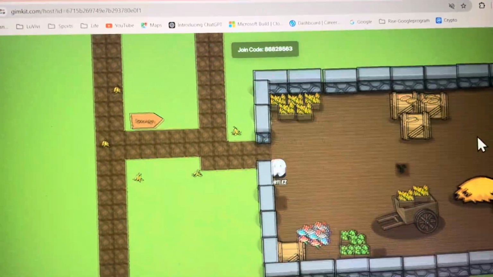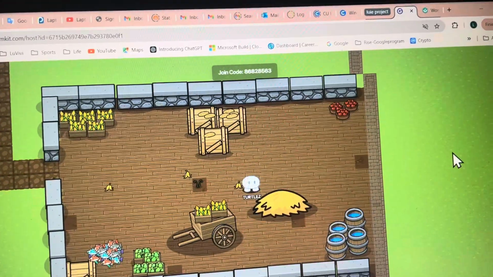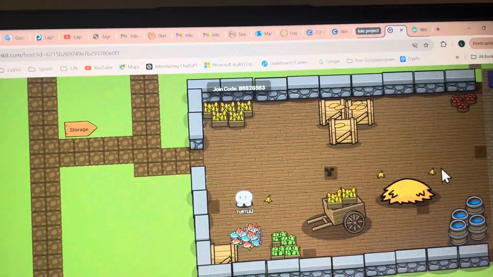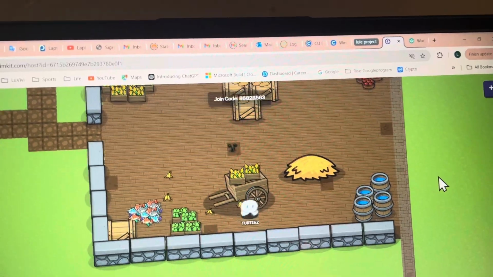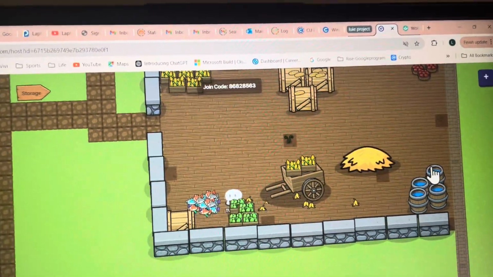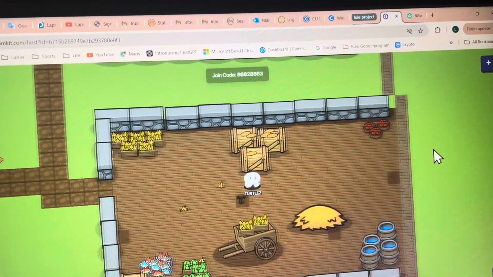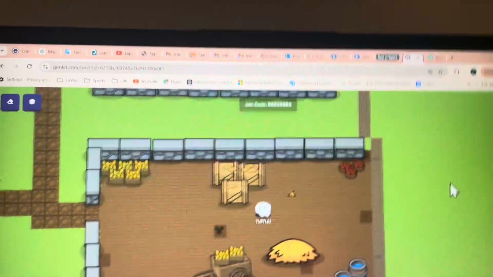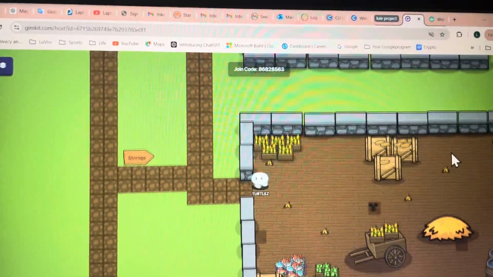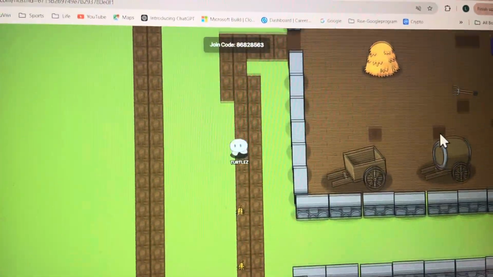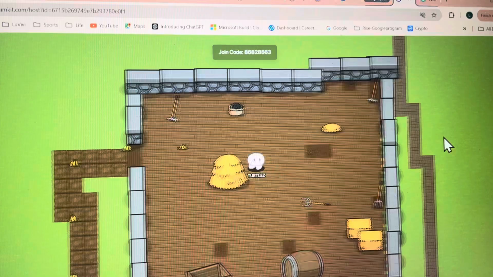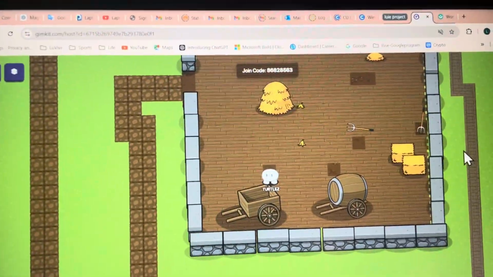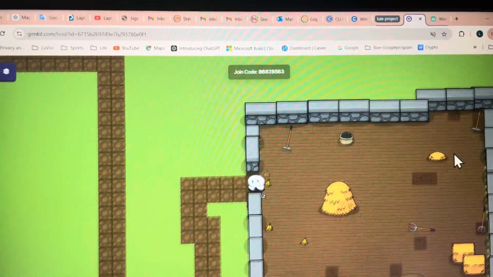Over here is the storage, and as you can see, we basically have some food, corn, cabbage, fish, water, and some bread crates, and some apples. And then up here, we have another storage, mainly of tools, hay bales, and some wagons just in case needed.